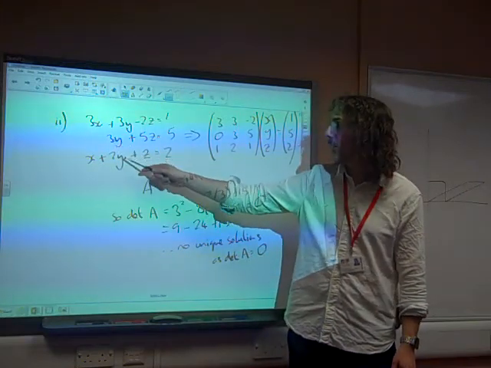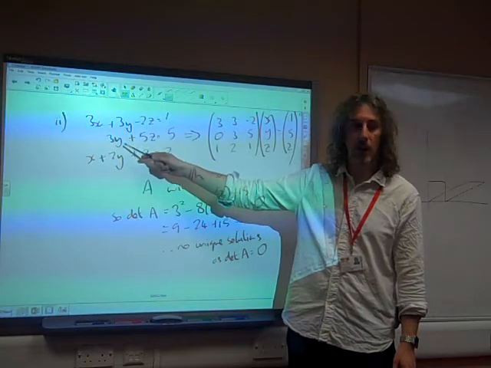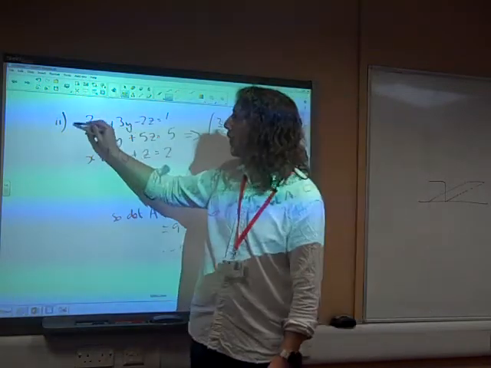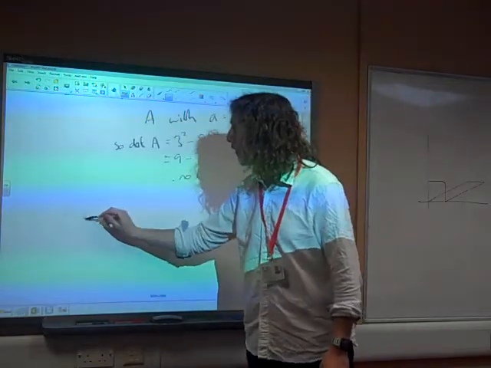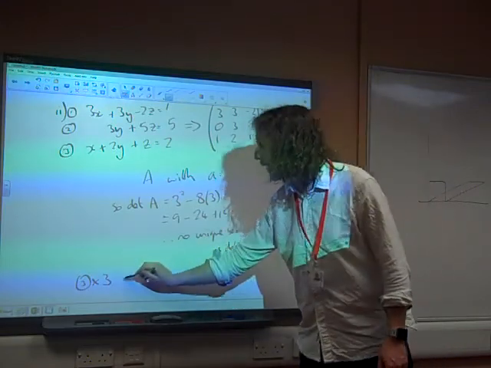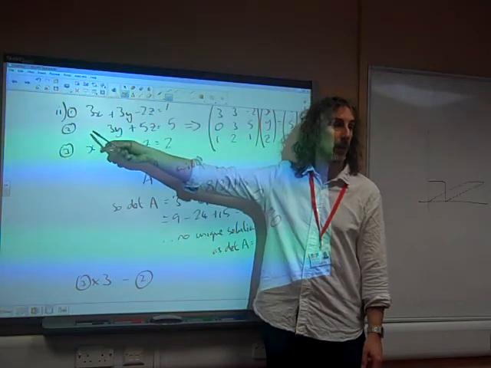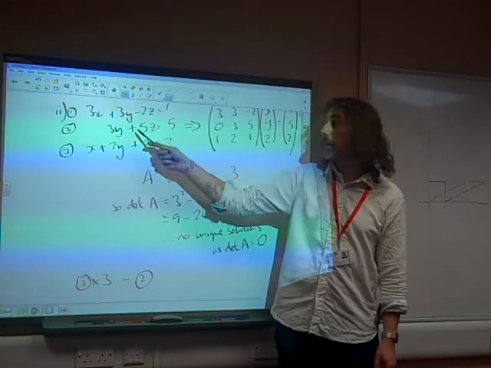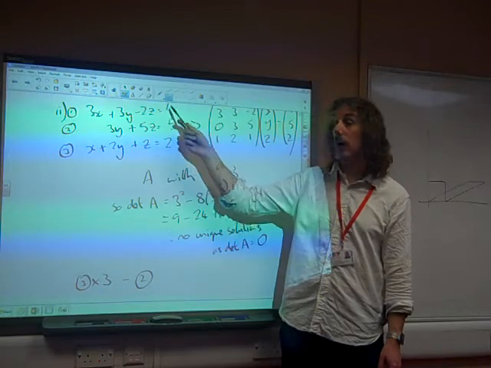If I multiply this equation by 3 and subtract this one, then that gives me the top equation. Can you see that? If we call these equations 1, 2 and 3, if I do equation 3 times 3, and then take away equation 2, that gives me 3x, take away nothing is 3x, 6y take away 3y is 3y, 3z take away 5z is minus 2z, and 6 take away 5 is 1.